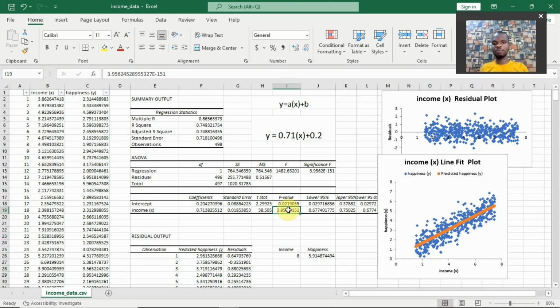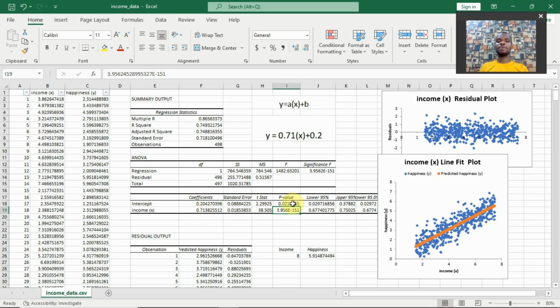I hope that makes sense. So if you have this value greater than 0.05, then we would have to complain about our income predictor.